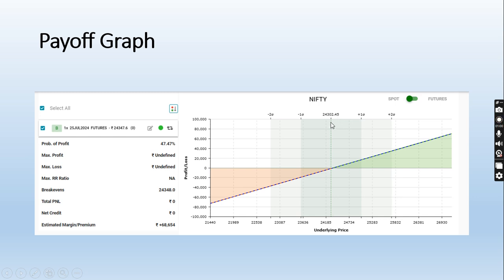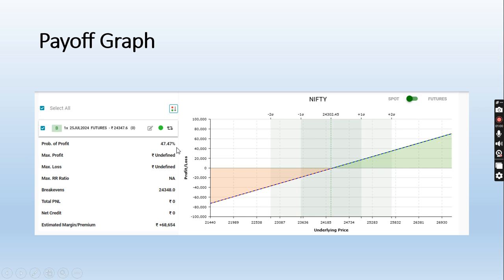So here, if you see the underlying price, 24,300, the break-even point is here, which is 24,348. If it goes beyond this, we will make a profit. If it goes below this, then we will be making a loss. And you can see the probability of profit is always approximately close to 50% for Nifty futures.